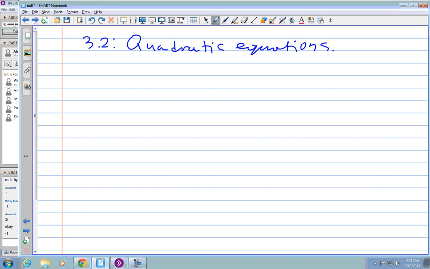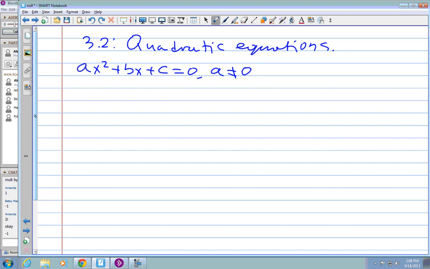So a quadratic equation is an equation of the form ax squared plus bx plus c equals 0, where a is not 0. And a, b, and c are all real numbers. Okay? So there are 4 ways to solve a quadratic equation.